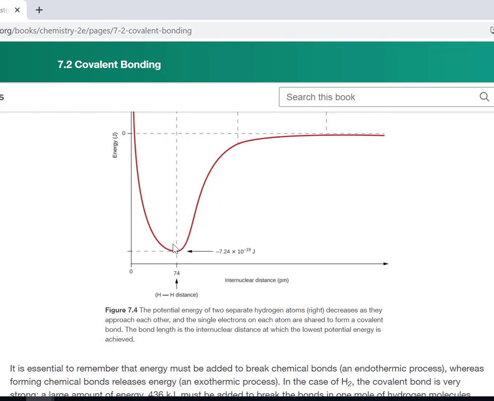So going from a bond down here to up here is always endothermic. It always requires energy to break a chemical bond. Always endothermic. Going from having no bond to having a bond is always exothermic. So you're always releasing energy when you form a bond, and you're always requiring energy when you break a bond.